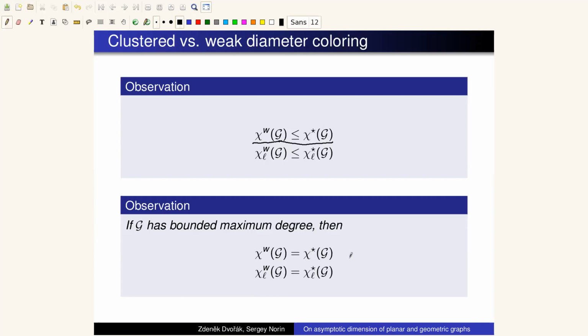And on the other hand, if the class of graphs that we consider has bounded maximum degree, then these two parameters coincide.